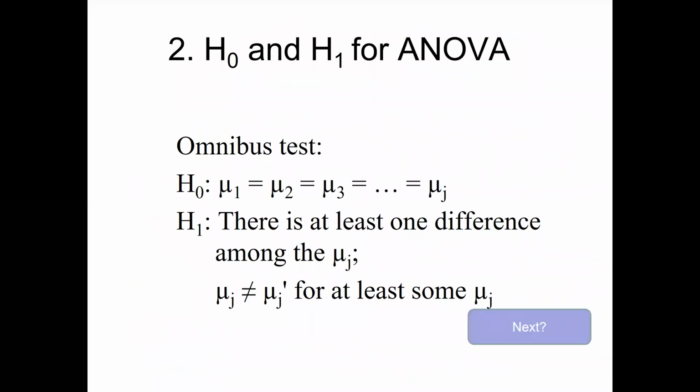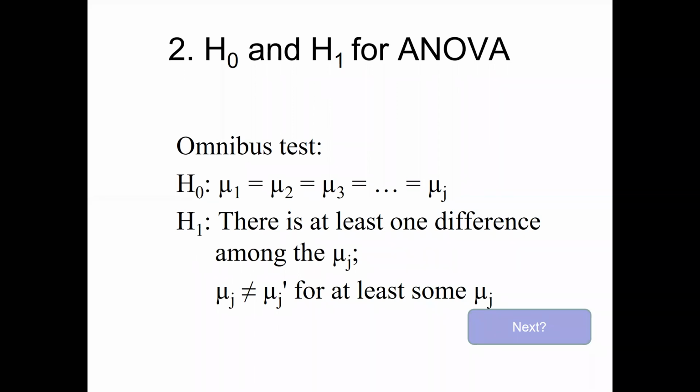Setting up the hypotheses. What we're going to cover in the first class is what's known as the omnibus test, which is kind of the initial test in an ANOVA. And in fact, it can be either a starting point or an ending point, depending on the kinds of questions you want to answer. But the omnibus test has a null hypothesis, that's H sub O, which can be written in a variety of ways.